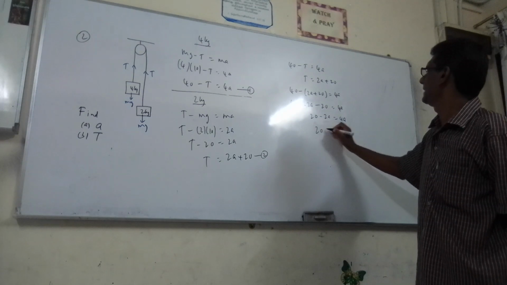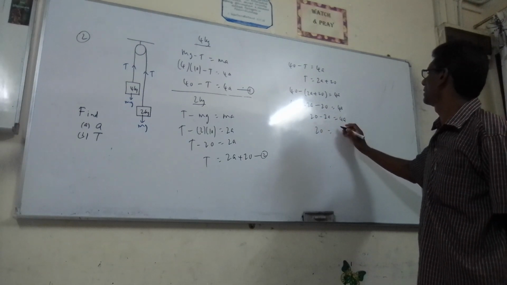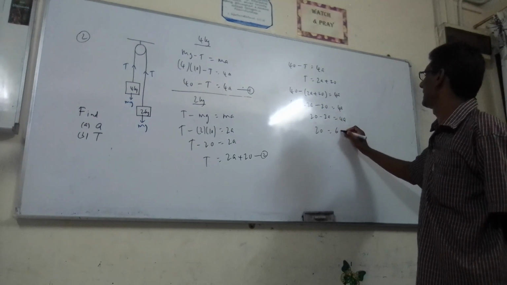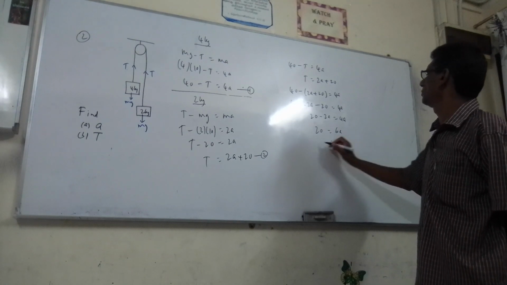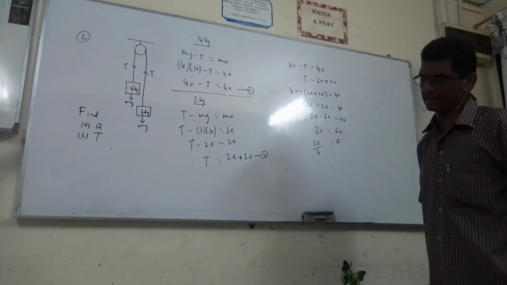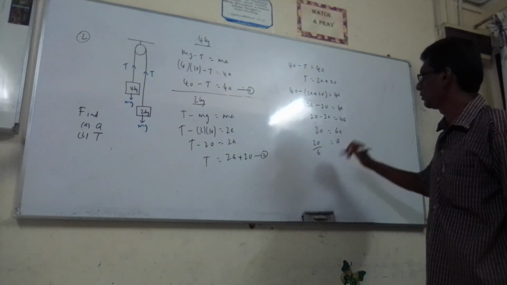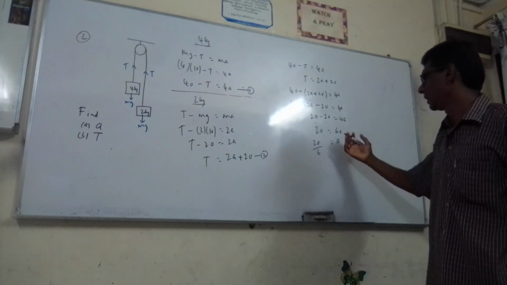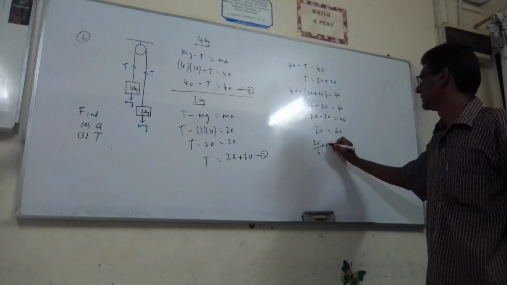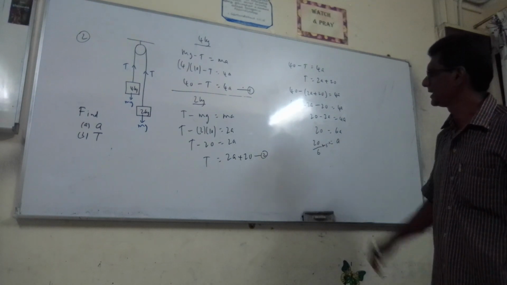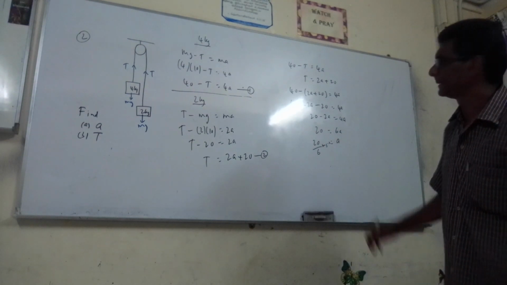So 20 equals 4a plus 2a, which is 6a. So a equals 20 divided by 6 meters per second squared.